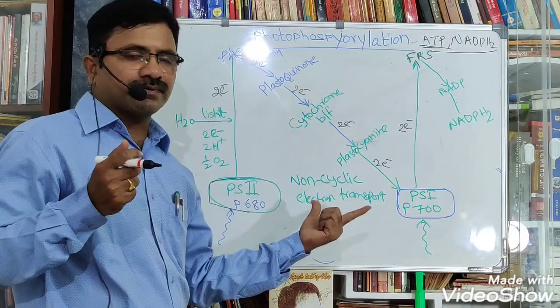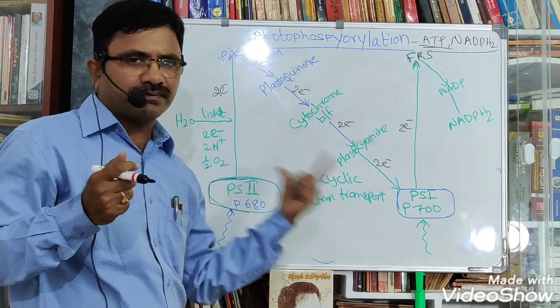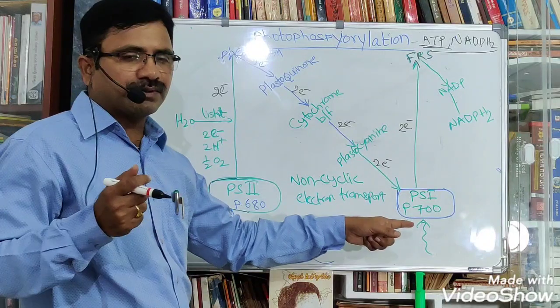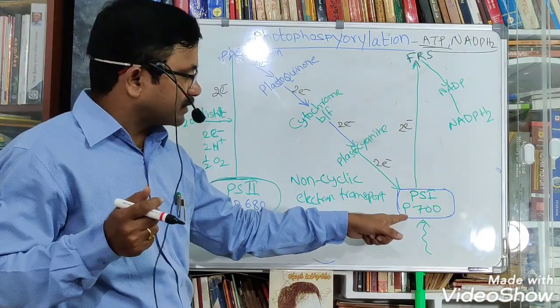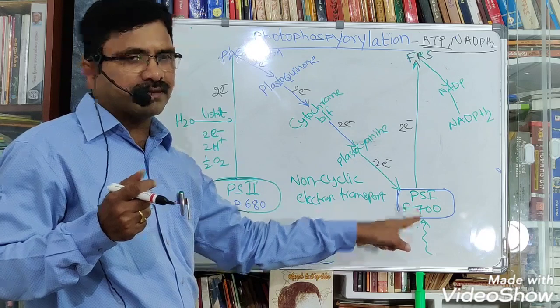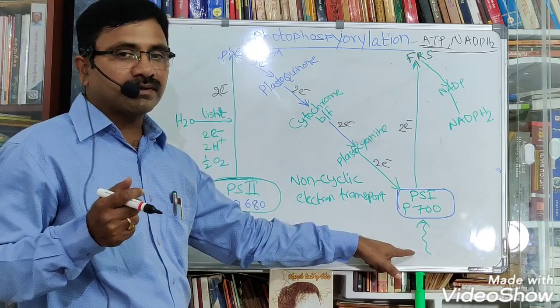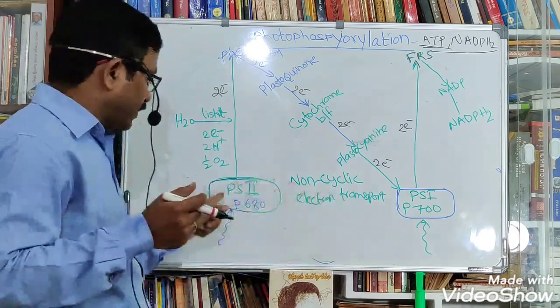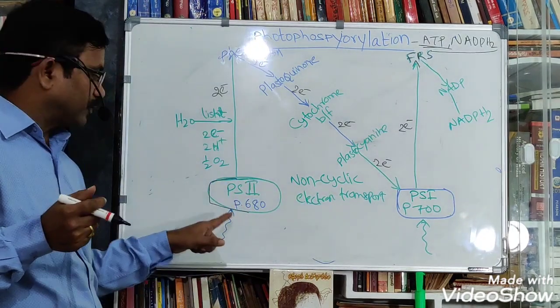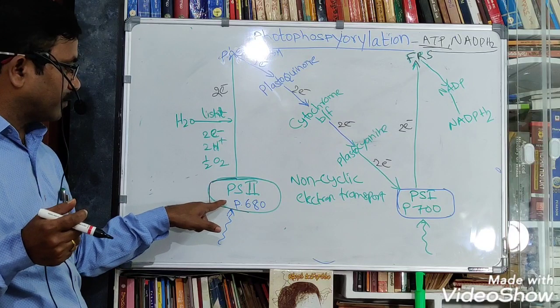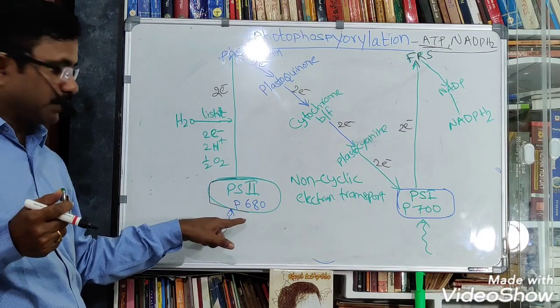So they receive different wavelengths of light. The PS1 has its reaction center chlorophyll A P700. It receives 700 nanometer wavelength of light. The PS2, photosystem 2, has its reaction center chlorophyll A P680.